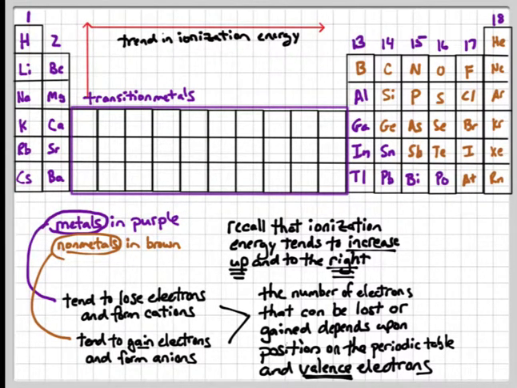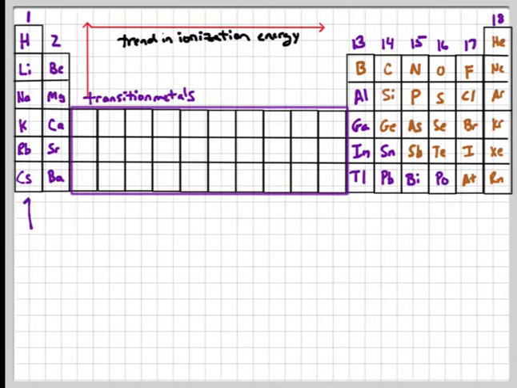The number of electrons that can be lost or gained depends on the position of the element in the periodic table and the total number of valence electrons that particular atom of that element has. So, for instance, we know that in the first column of the periodic table, the alkali metals, lithium, sodium, potassium, rubidium, cesium, they all have one valence electron, right?